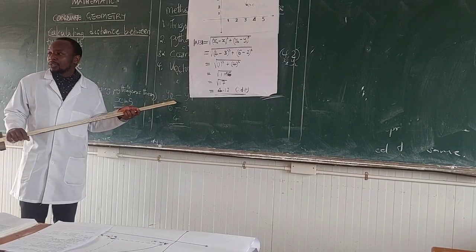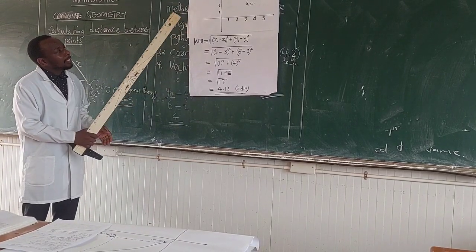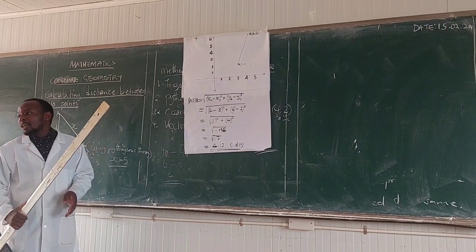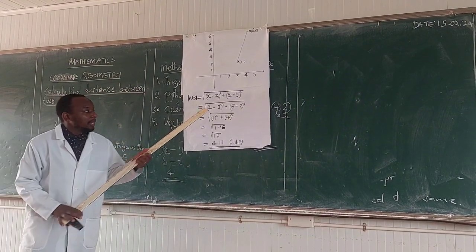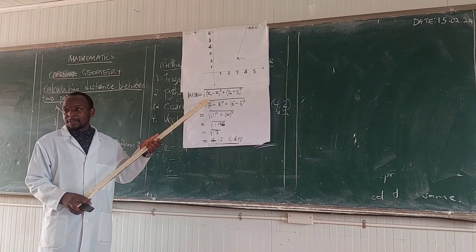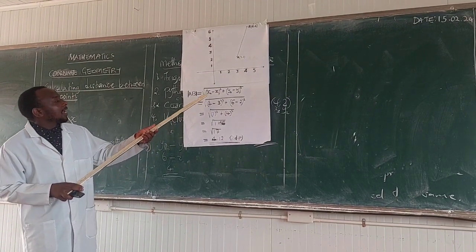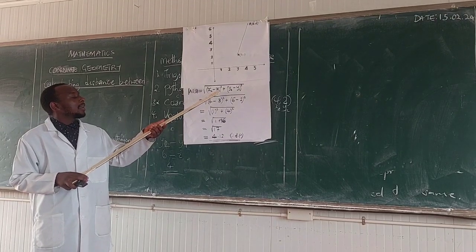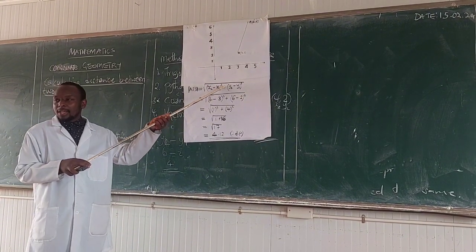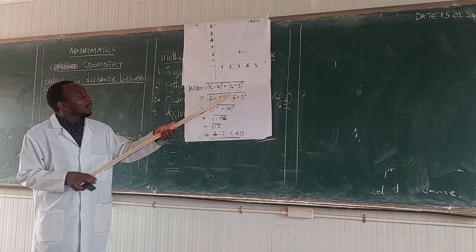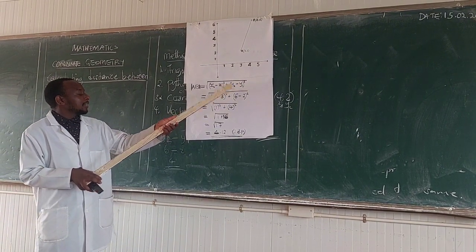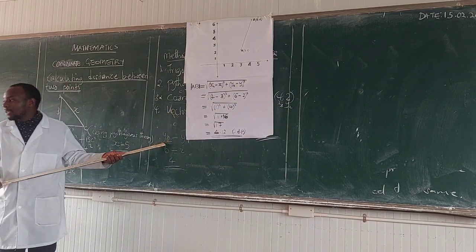Because here we have a slanting line with coordinates from both axes, we can use the method just like we have used here. So it is x2 minus x1 in brackets squared plus y2 minus y1 in brackets squared, just like what you did here.